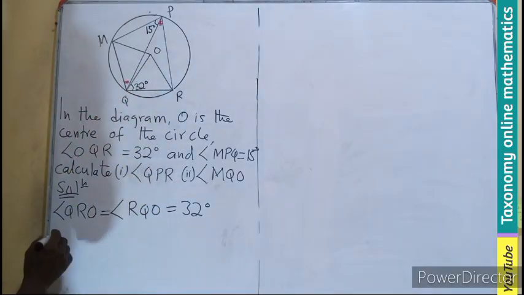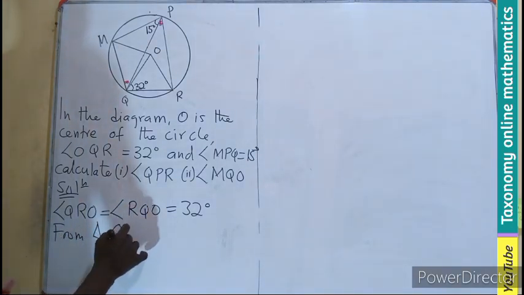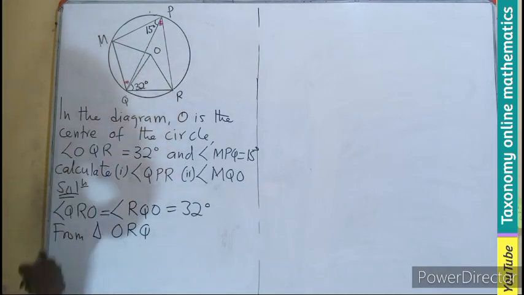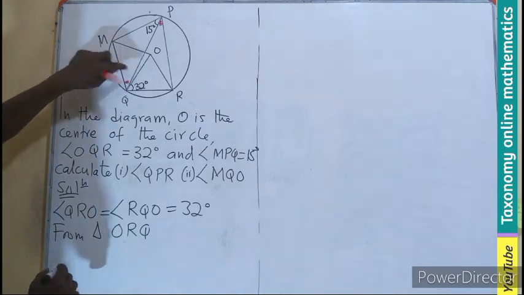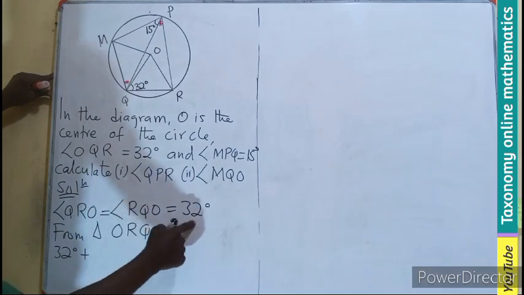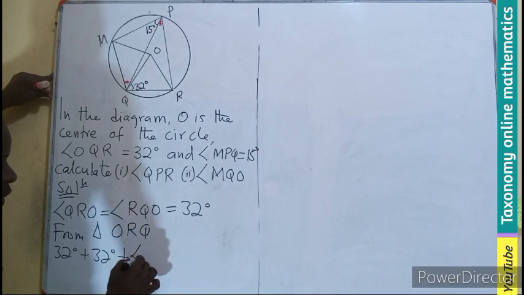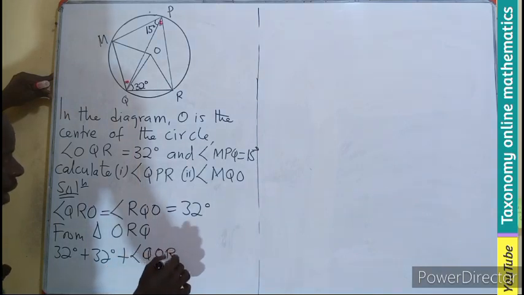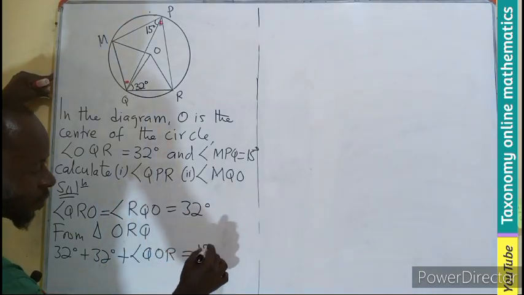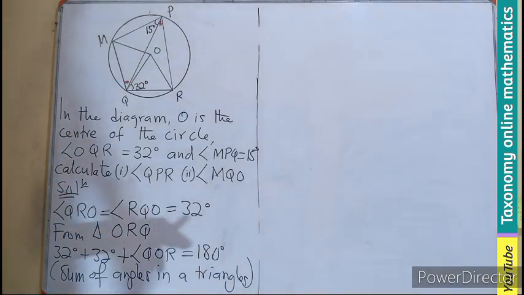So from triangle ORQ, we can have this 32 plus the next one, which is also 32, plus the top angle here, which will be angle QOR, and that should give us 180. The sum of angles in a triangle always gives us 180.